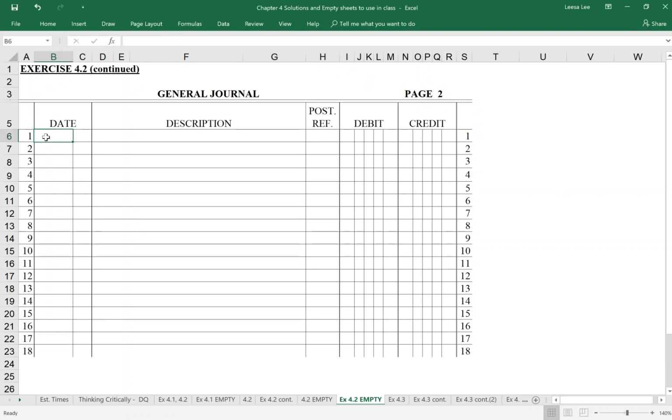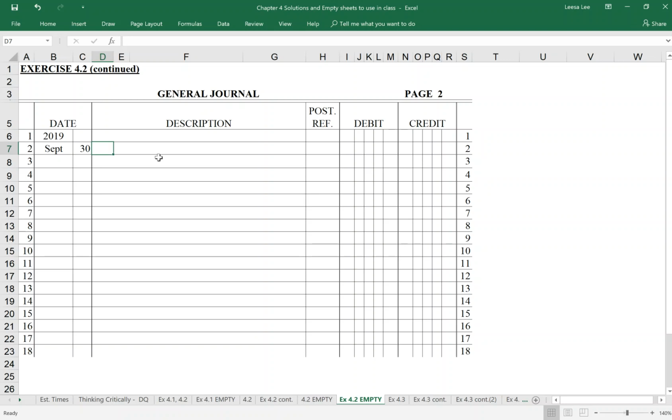And starting the top line with the year and September 30th is the date that we're on here. And the transaction we're working on here is the withdrawal of $1,500 cash for personal expenses.